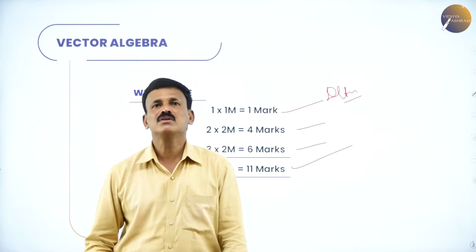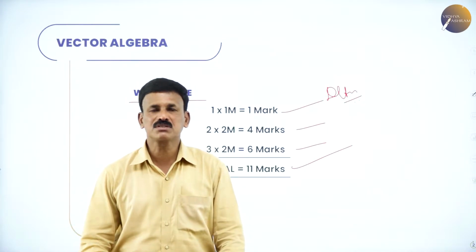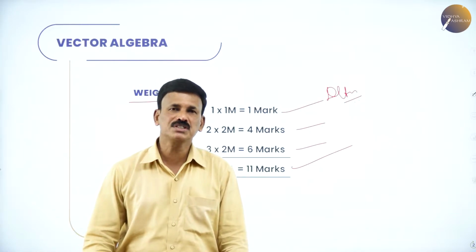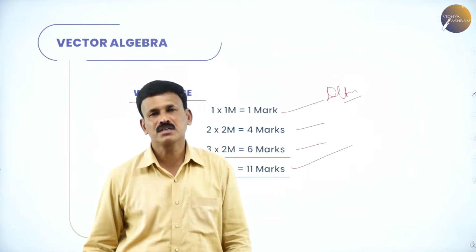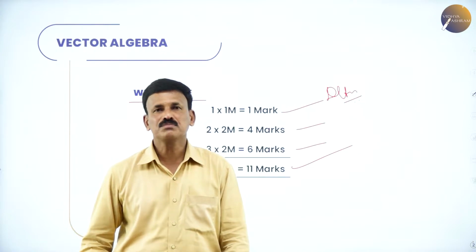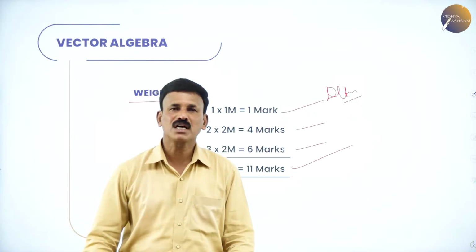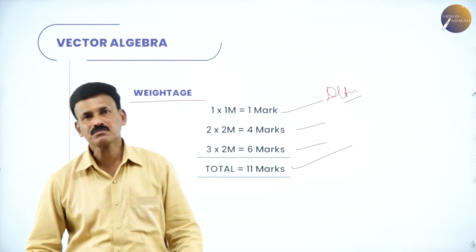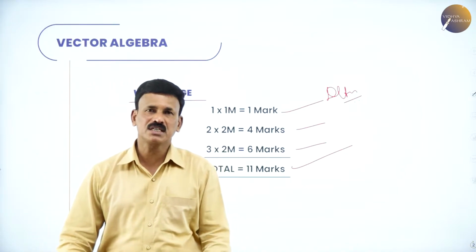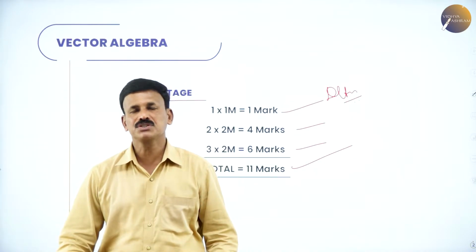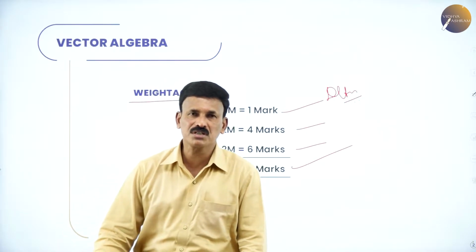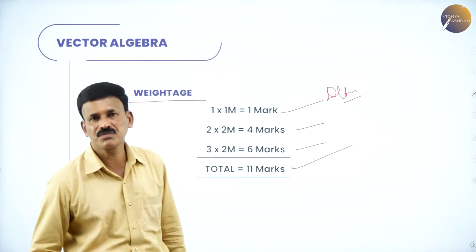Then you have vector multiplication, that is called the cross product, and the problems based on the cross product, finding the area of a triangle, or finding the projection, or finding the volume of a parallelepiped, and then finding the area of a trapezium or a quadrilateral using the vector method. These are the things which we are going to study in this chapter. Today I am going to discuss the definition and the types of vectors.